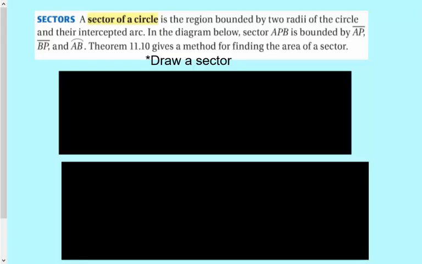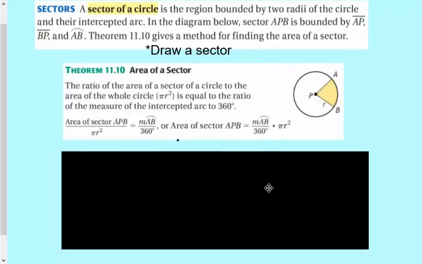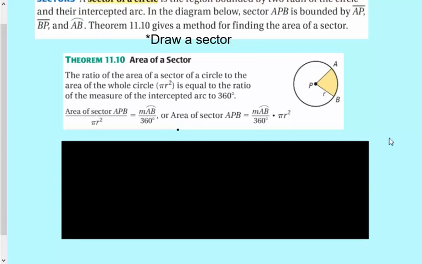Okay, let's get into sectors now. So here's what a sector is, as I just mentioned. Don't worry about all of the vocab. Here's the vocab for you guys, but what we are going to focus on is finding the actual area. Like I said, this is identical to yesterday. The area of the sector is a percentage of the entire circle.